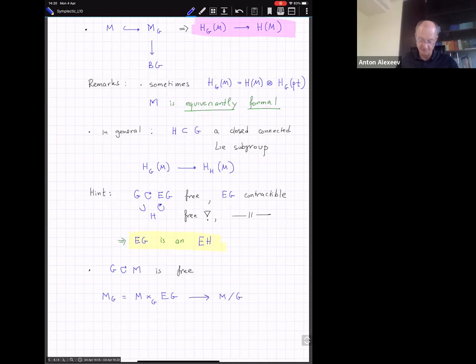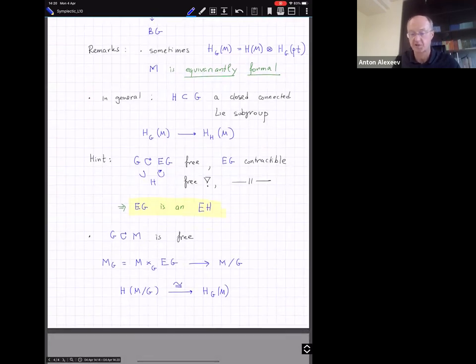And this would mean that we have a map from cohomology of M mod G to G equivariant cohomology of M. And it turns out that this map is an isomorphism.